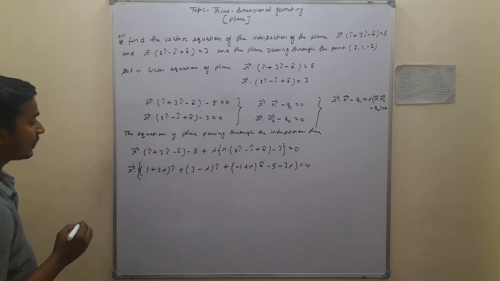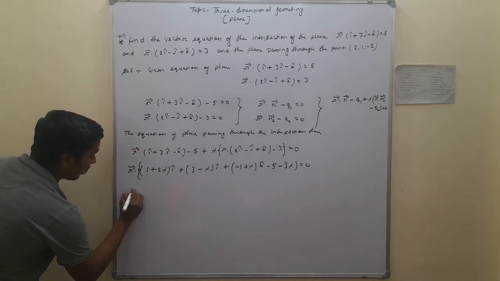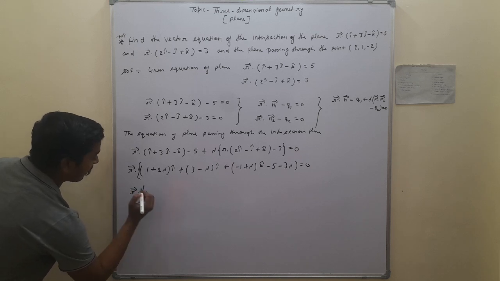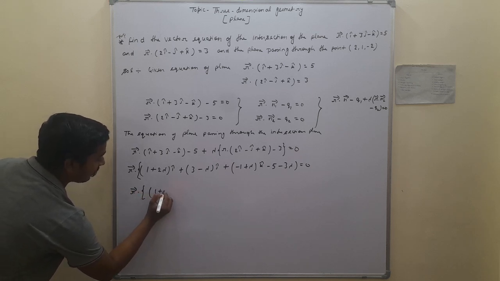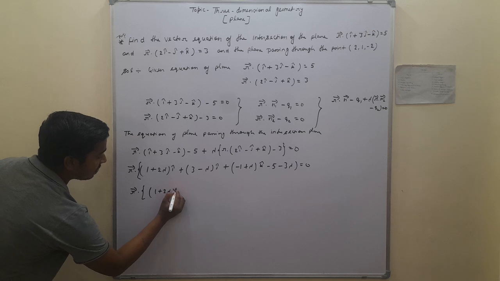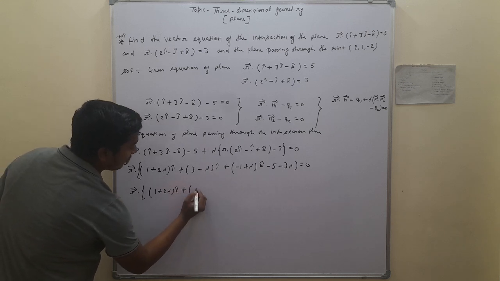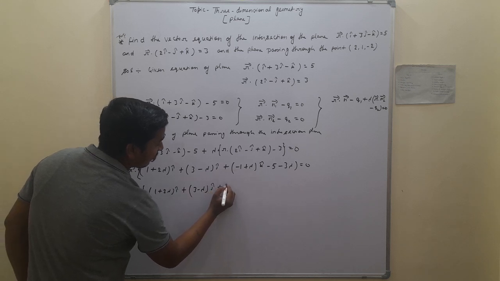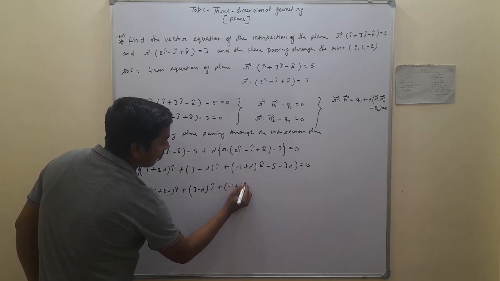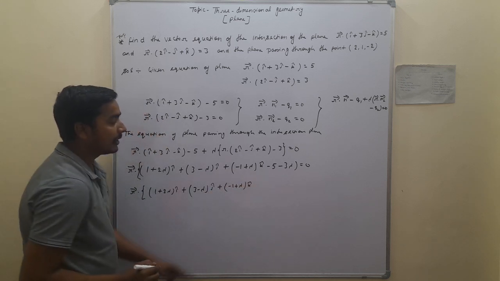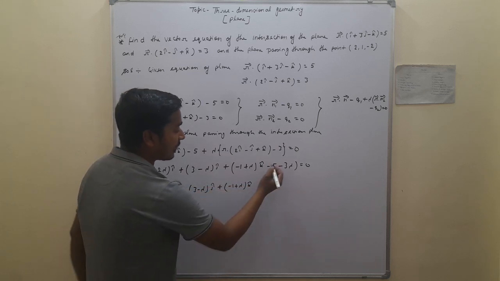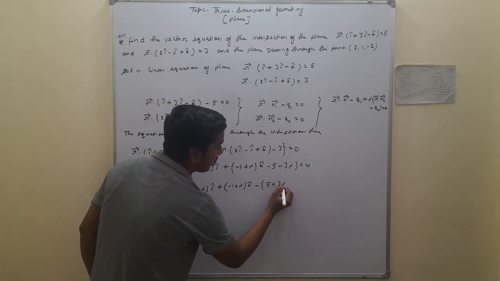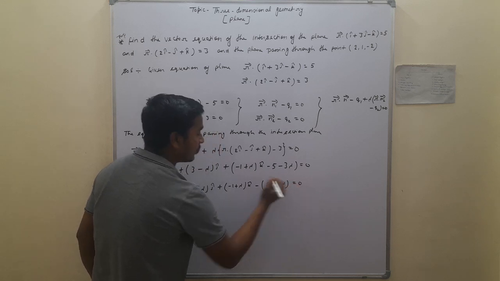We can also write this in the form r vector dot ((1 plus 2 lambda) i cap plus (3 minus lambda) j cap plus (minus 1 plus lambda) k cap), and taking minus common, we get minus (5 plus 3 lambda) equals 0.